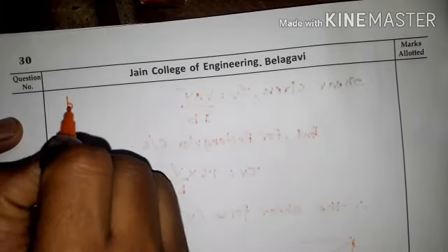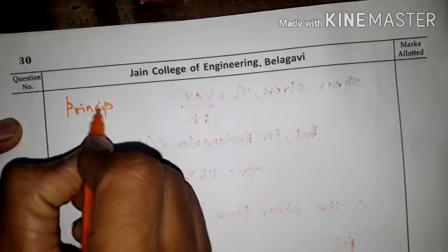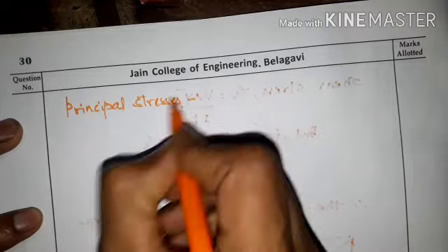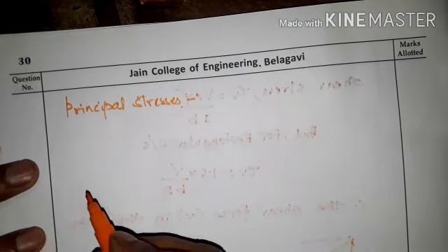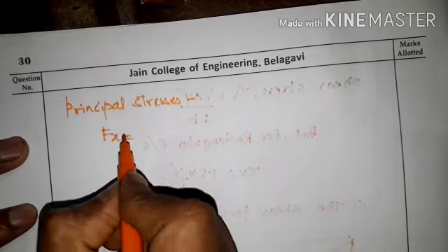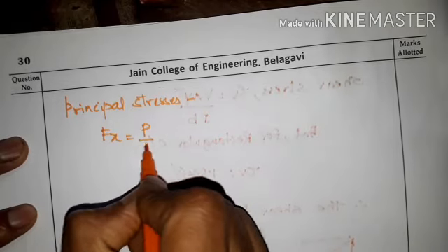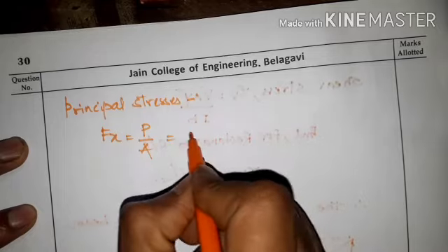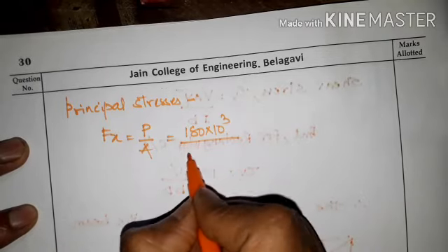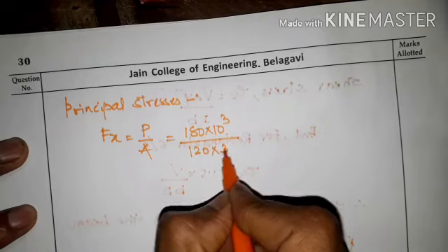Next is principal stresses. For that, first is direct stress Fx, that is P by A. P is 180 into 10 to 3, area is 120 into 300.